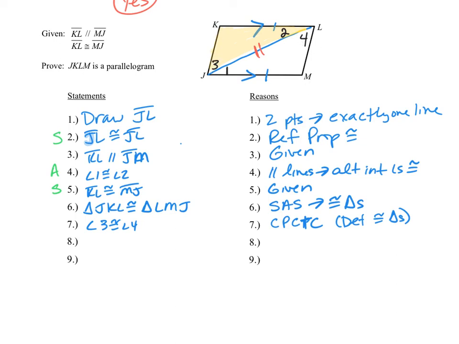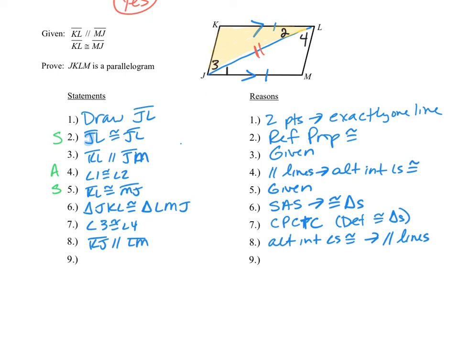So let's say that segment KJ is parallel to segment LM, because when alternate interior angles are congruent, that guarantees the existence of parallel lines. So now you can see that we were given that segment KL and JM were parallel. We've just proven that JK and LM are parallel.